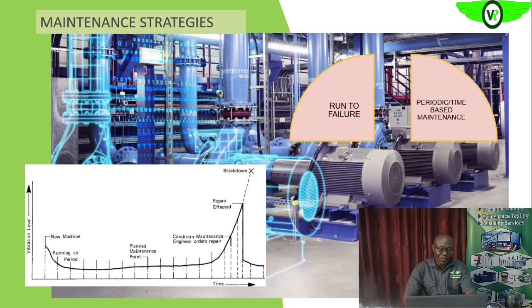Once the equipment survives that stage, it comes into the random failure stage, which is during the operational life of the equipment. Any equipment that fails within this period could be as a result of maloperation, or subjecting the equipment to stringent operating conditions outside the conditions for which it is designed or installed.